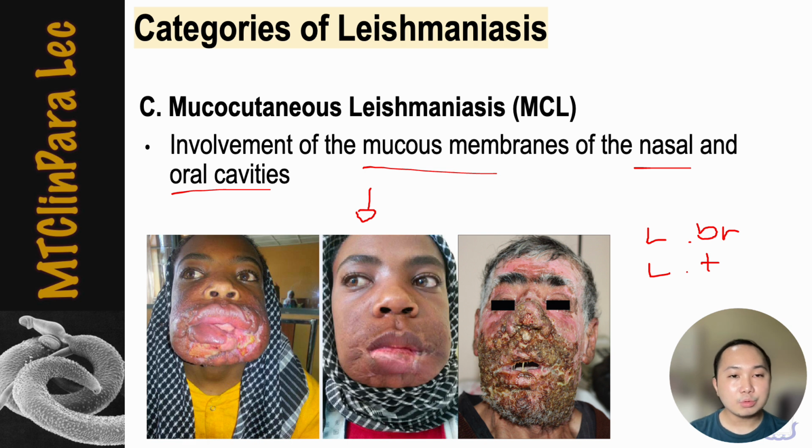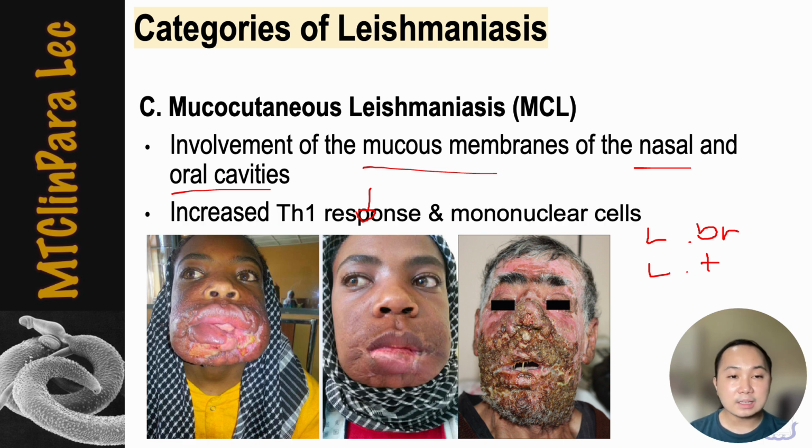When it comes to MCL, there is an increased Th1 response. Your Th1, or specifically your CD4 T cells, are increased in the bloodstream of people infected with MCL. That's why later on, in our screening test, the Montenegro skin test, this particular category is positive.